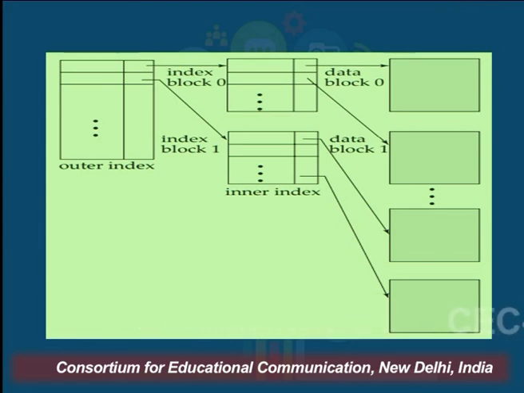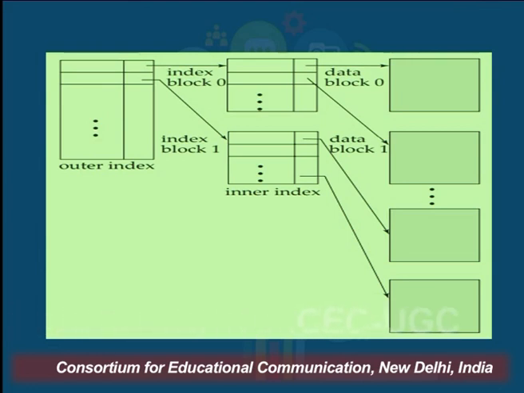So if you can see what is happening here, at one level we have an outer index, which is obviously a sparse index. Then at the inner level we have a dense index, and that dense inner index is being pointed to with the help of the outer, sparse index.